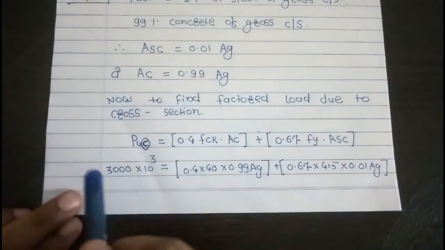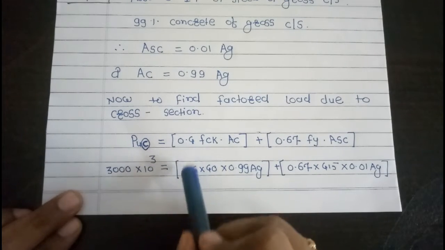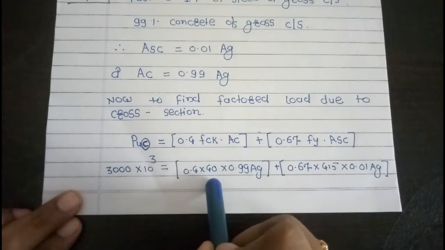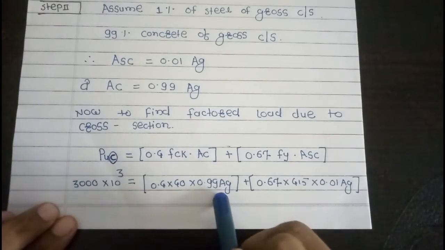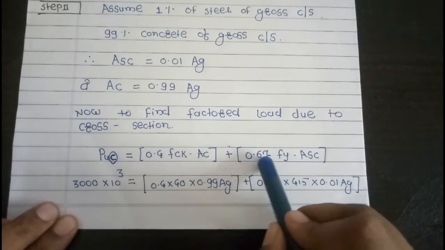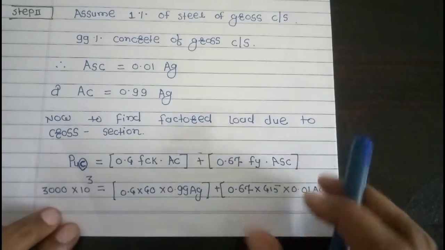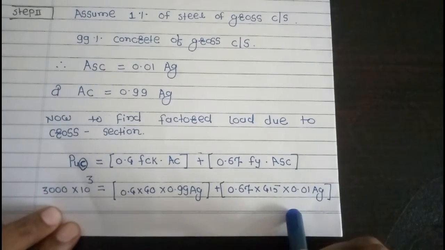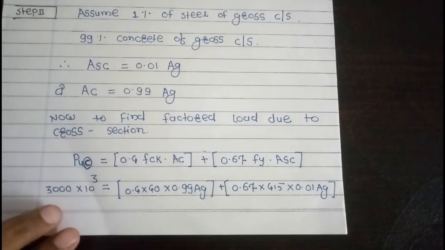So factored load 3000 into 10 cube, converting to Newton, is equal to 0.4 into fck, which is 40, into Ac, which is 0.99 Ag, plus 0.67 into fy 415 into Asc, 0.01 Ag, right?